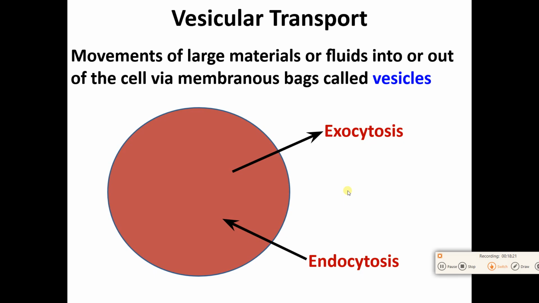If I'm moving large amounts of materials or fluids out of my cell with vesicles, that is called exocytosis. If I'm moving things into my cells with vesicles, that is called endocytosis. And both of these processes require the cell to spend energy, so they are both examples of active transport.